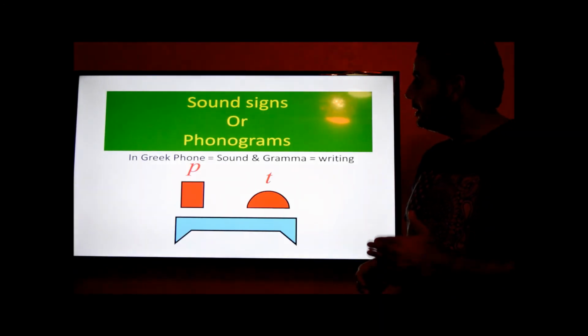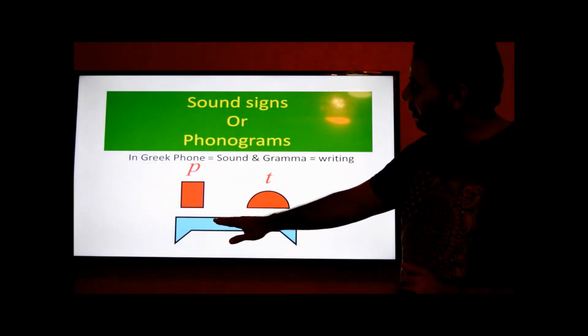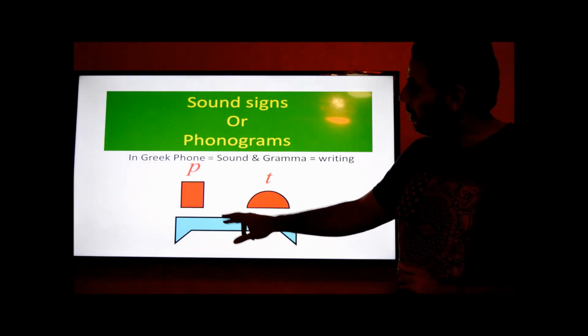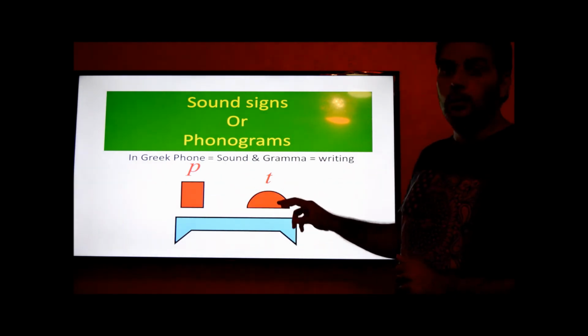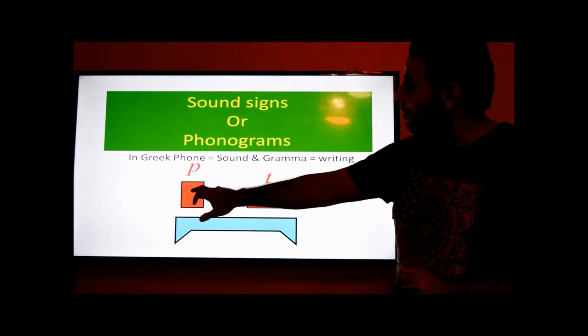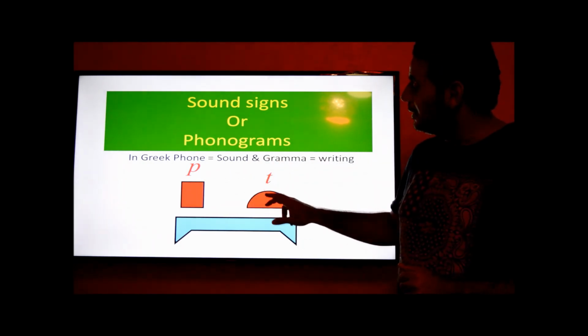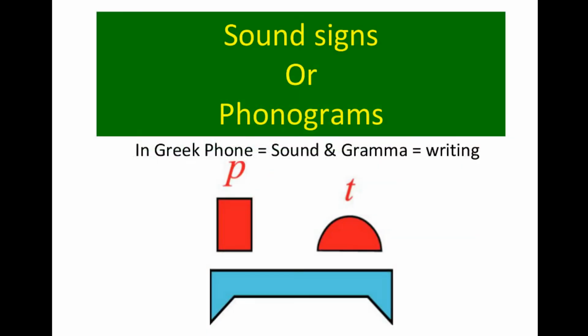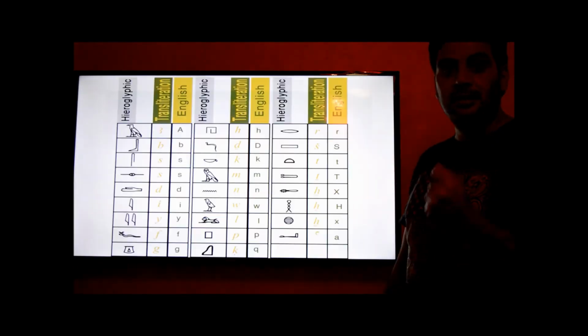The second type is the phonogram, the sound signs, like P, T, so that is pit. So we have phonograms, we have ideograms, and sometimes we have both of them creating one word.